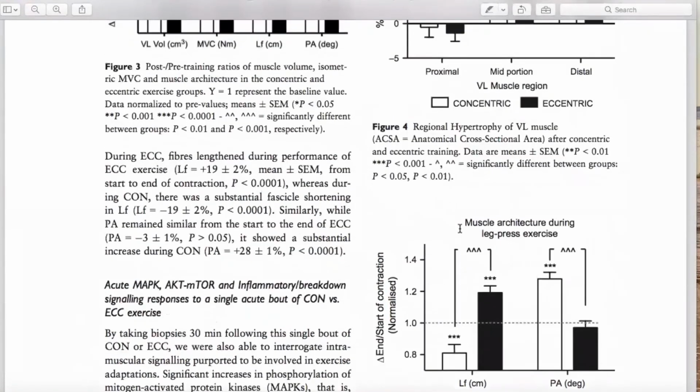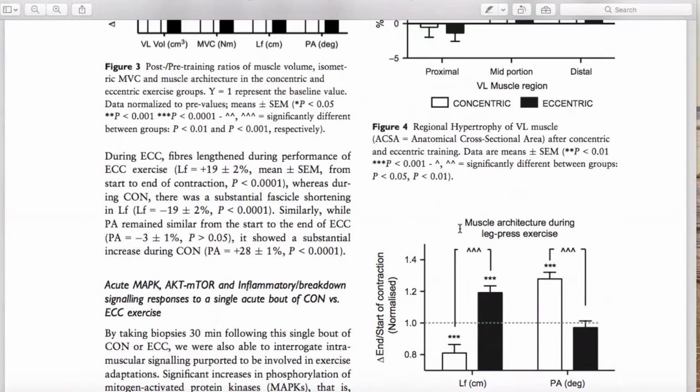What we also wanted to assess was this: it was a little bit striking that the two exercises reached the same level of hypertrophy, also considering that the eccentric resistance group was using a bigger load than the concentric one.